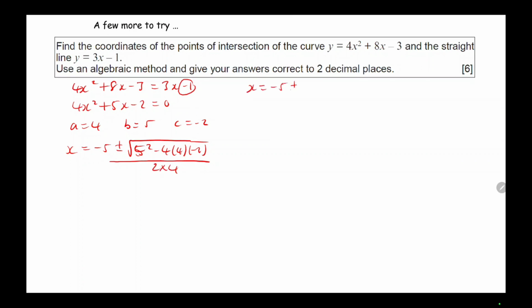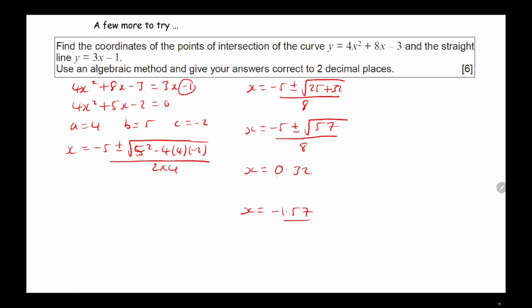So we have x equals minus 5 plus or minus the square root of 25 plus, 4 times 4 is 16, times 2 is 32, all over 8. x equals minus 5 plus or minus the square root of 57 all over 8, giving us the following two solutions. So we get 0.32 and minus 1.57.